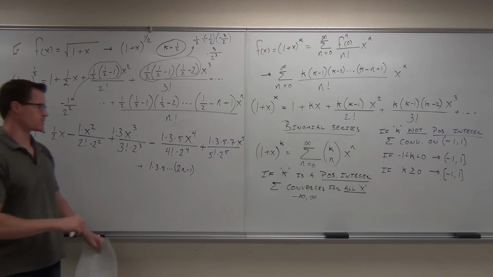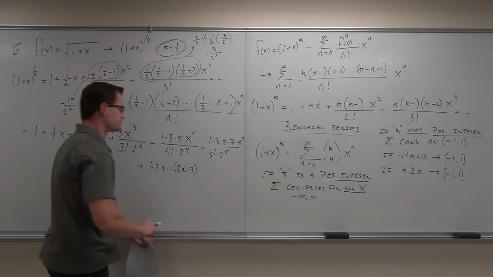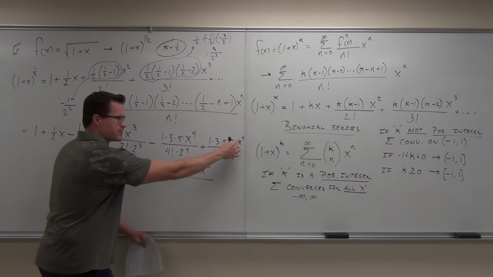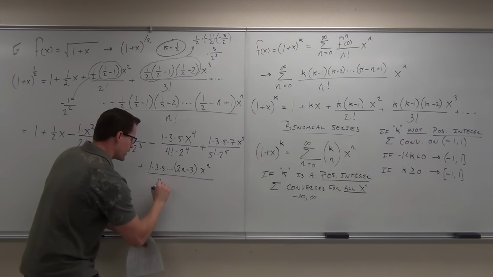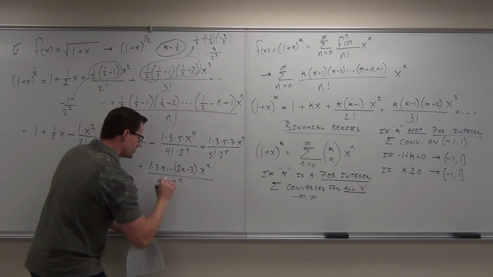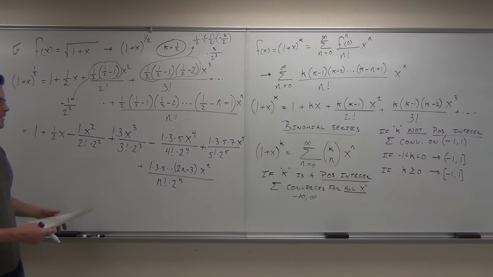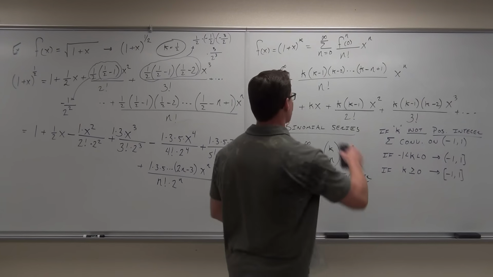I'm sorry, 2n minus 3, because the minus 1 would give us one too big. x to the n, all over, let's see if it matches. This is our n, matches our factorial, n factorial, 2 to the n. Now, because this pattern starts at the second term, we're going to define it this way.